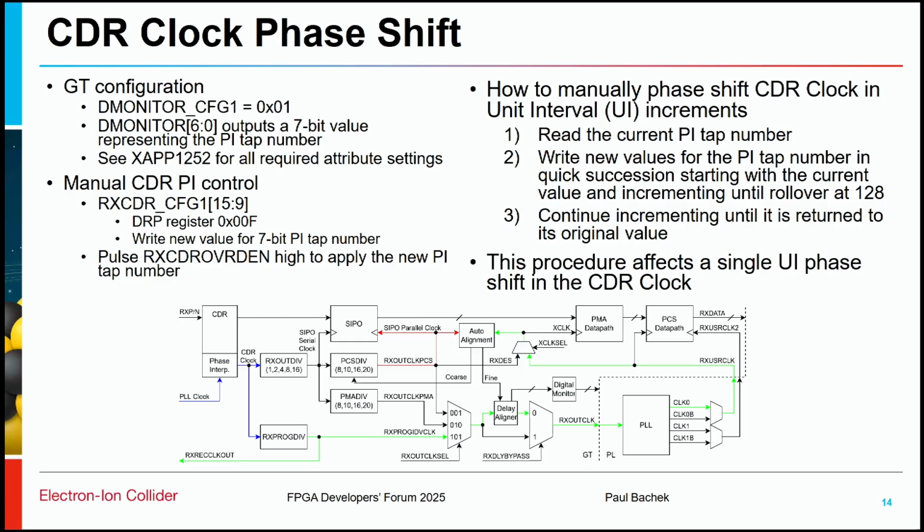So this is all we need, and now the user logic can use the comma detect features in the transceiver without any extra analysis on the received data to align to the data and have the recovered clock come out of the transceiver without any phase variations and always locked to the first received bit on the received data.